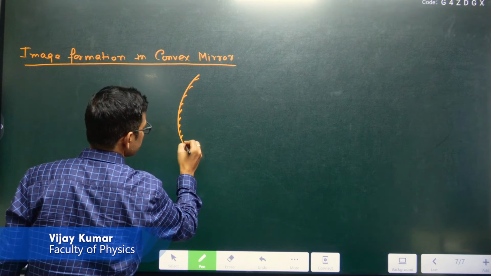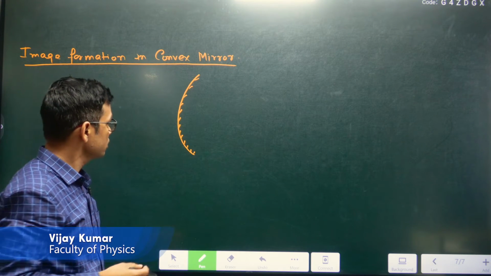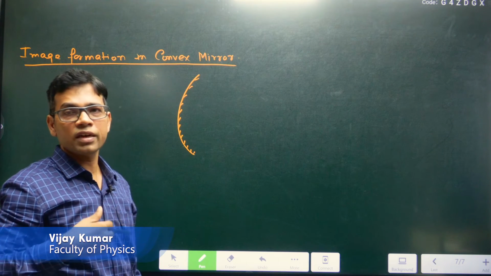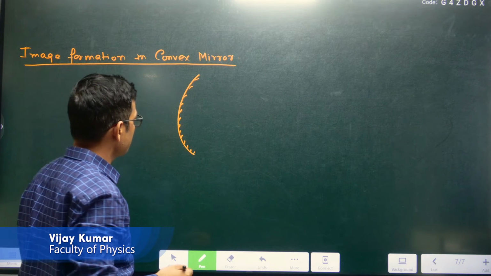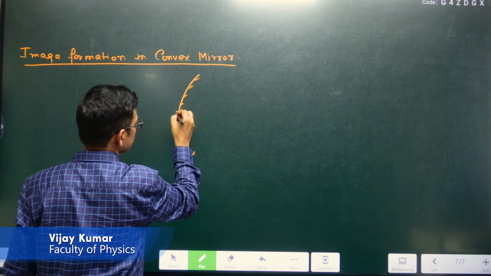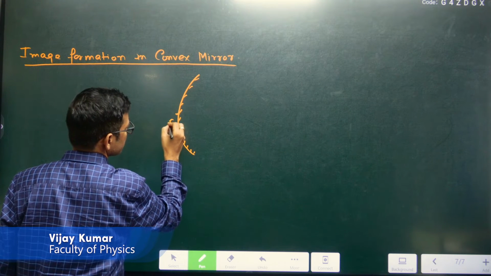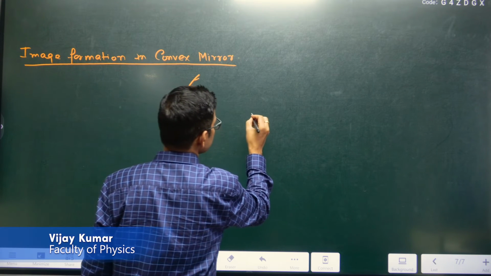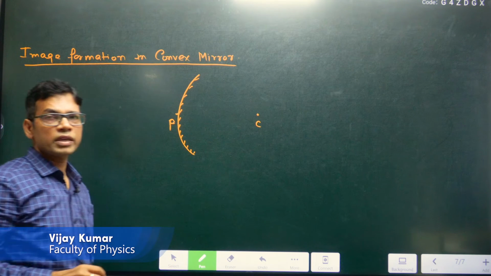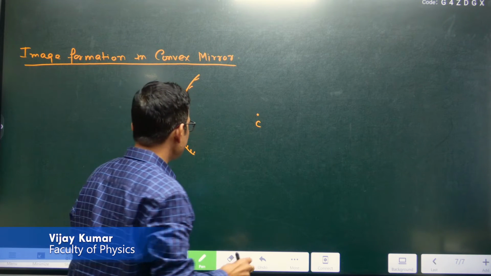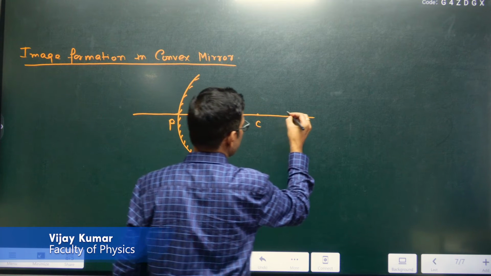What is a convex mirror? A convex mirror means the reflecting surface is the convex surface. First we draw the center of the mirror, that is called the pole. Suppose this is the center of curvature of this convex mirror. The line joining the pole to the center of curvature is called the principal axis.